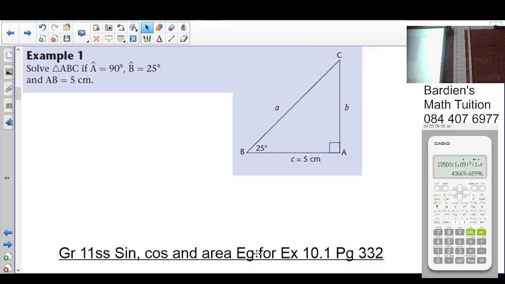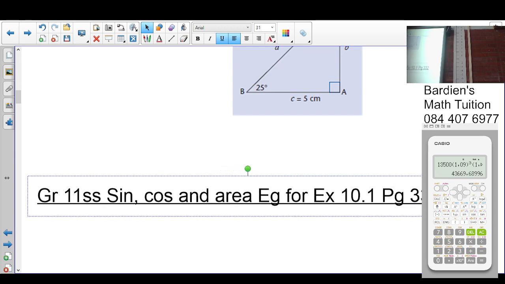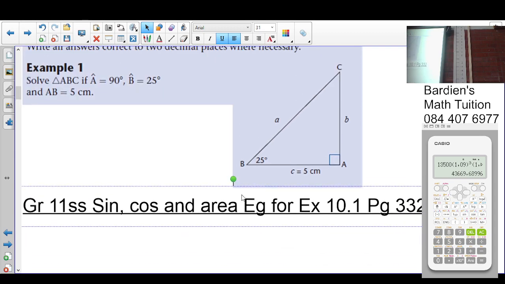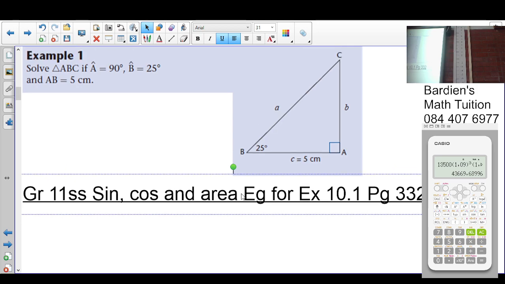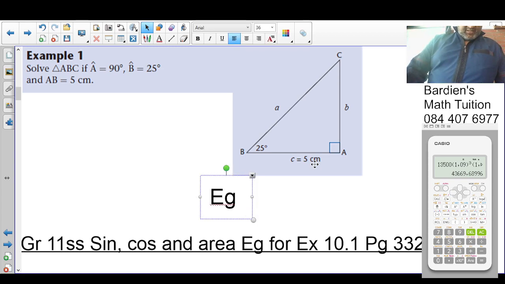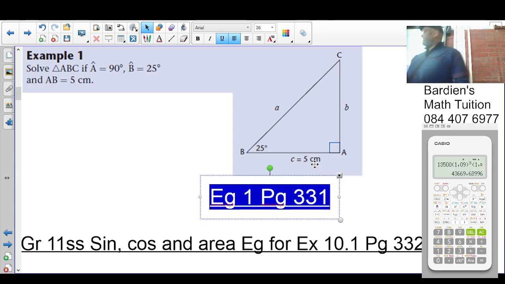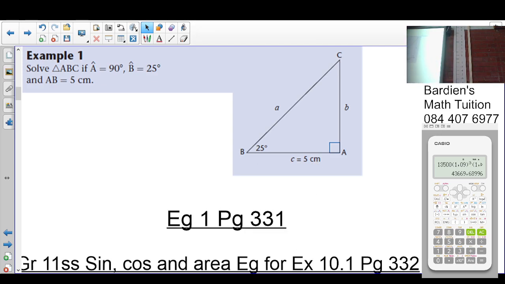In example one, which is on page 331, the question says solve triangle ABC.